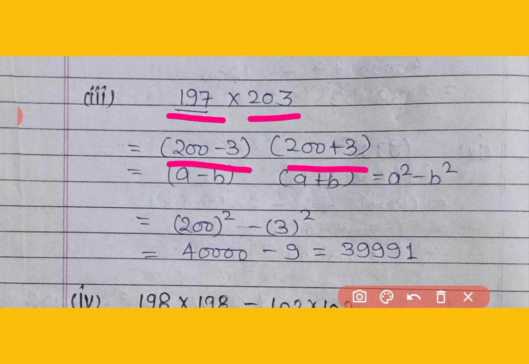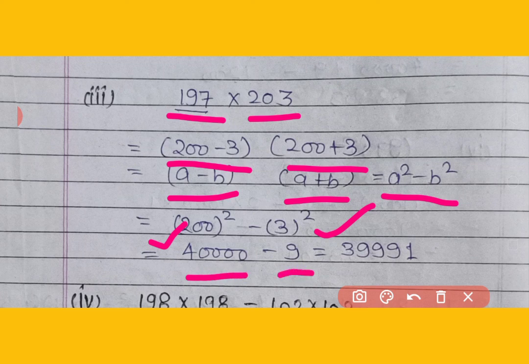They are written in the form of (a minus b) and (a plus b). So they can be written in the form of a square minus b square. So a square means 200 square, and b square is 3 square. 200 square is equal to 40,000, and 3 square is equal to 9. After subtracting 9 from 40,000, we are getting 39,991.